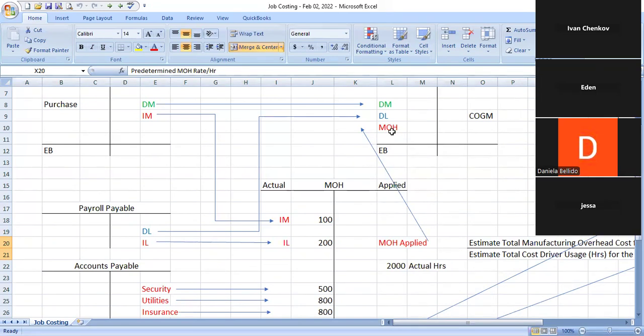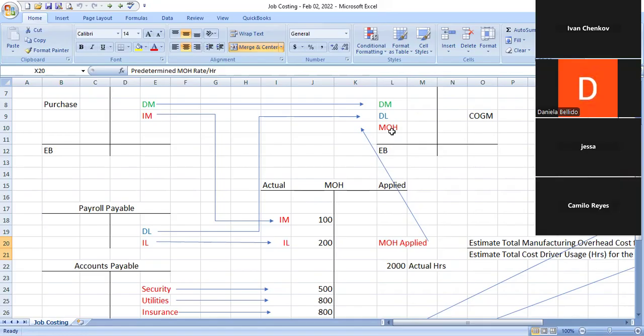The number of students is 2. But using the predetermined manufacturing overhead idea of calculating the cost, how much is every student supposed to pay per month? 1,000. 1,000. How did you get it?